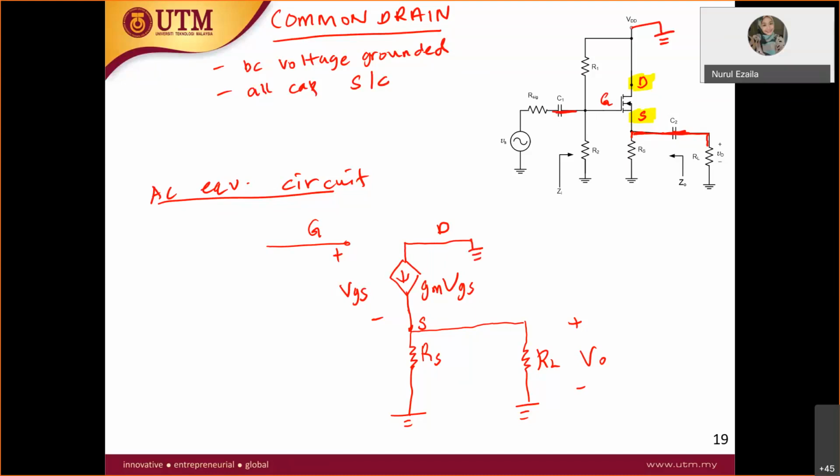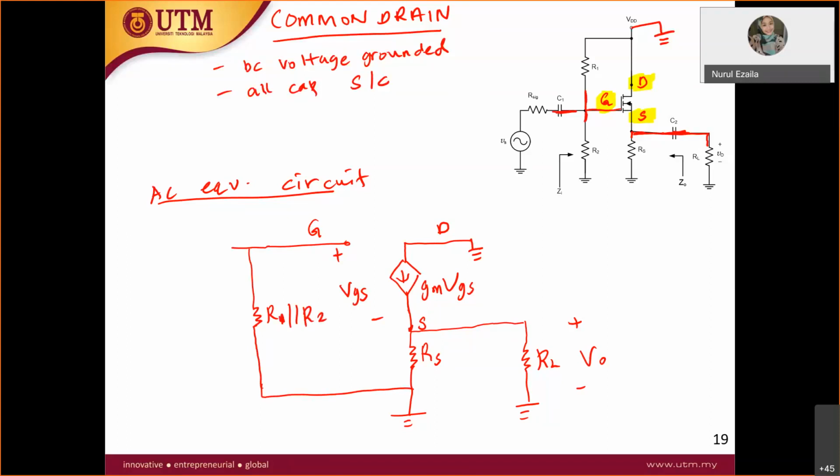Next is the gate. At the gate, of course, this is a voltage divider. Therefore, at the gate you have R1 and R2 going straight to the ground, so R1 parallel with R2.